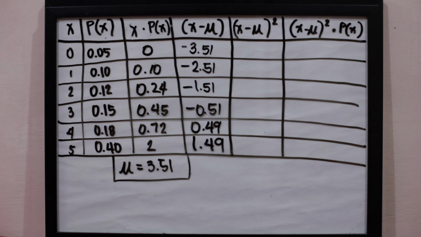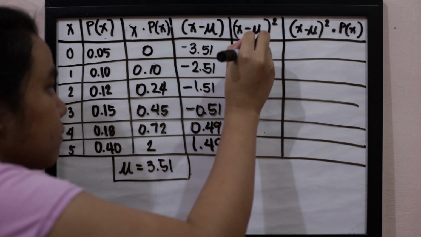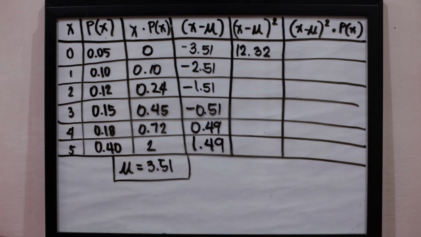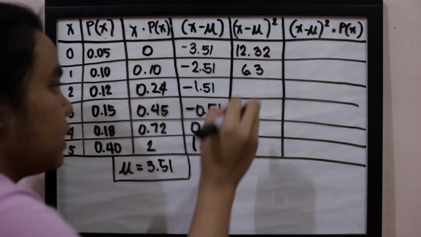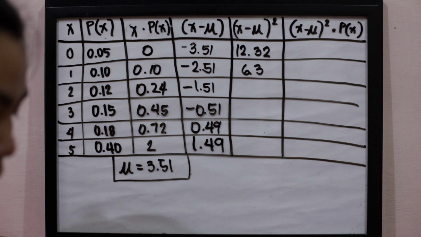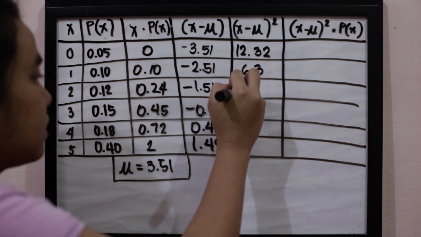Next, we get the square of those differences. So, 3.51 squared is 12.32. Then 2.51 squared, the answer is 6.3 or 6.30. The answer is still the same. Next, negative 1.51 squared is 2.28.